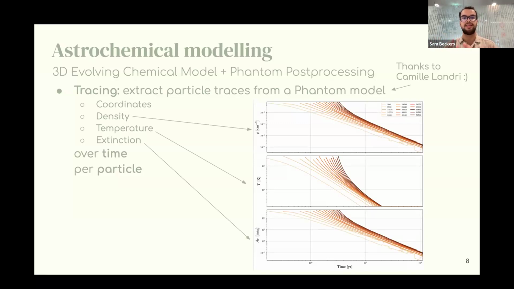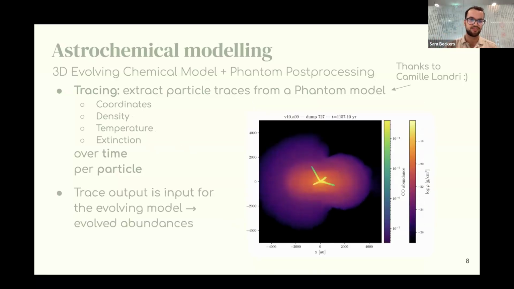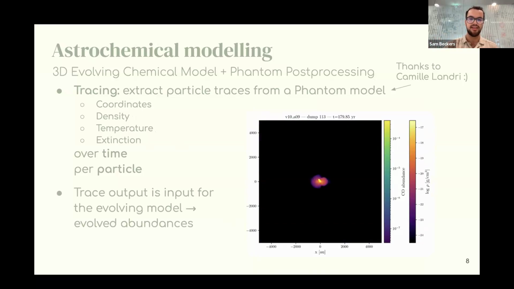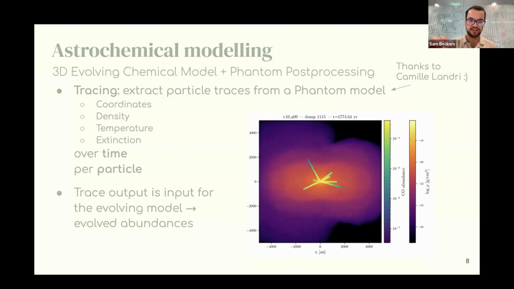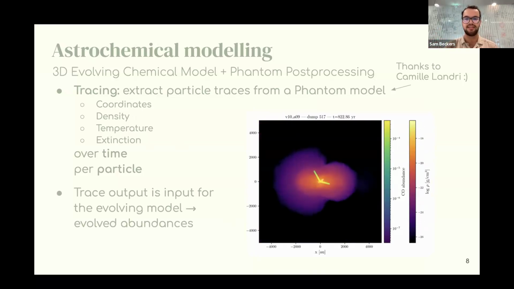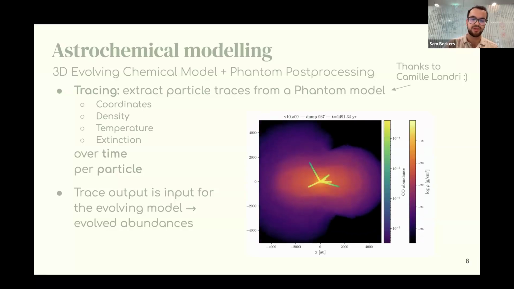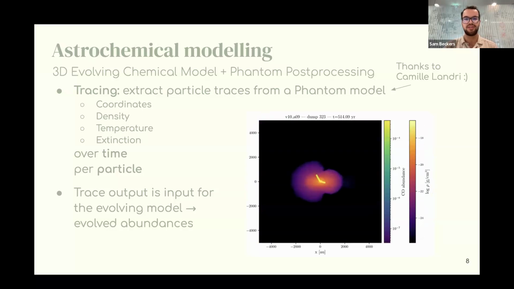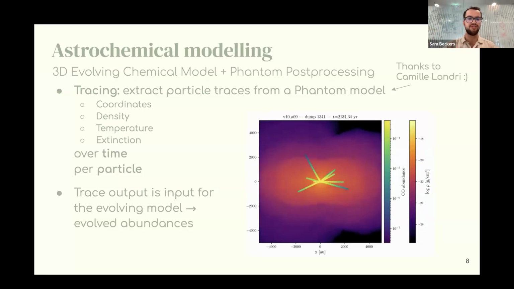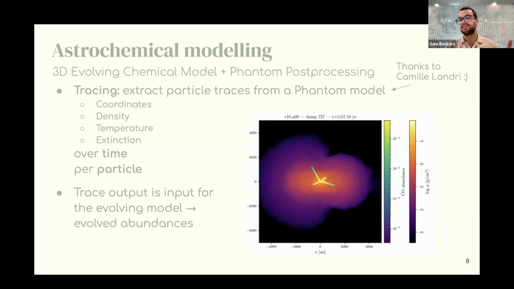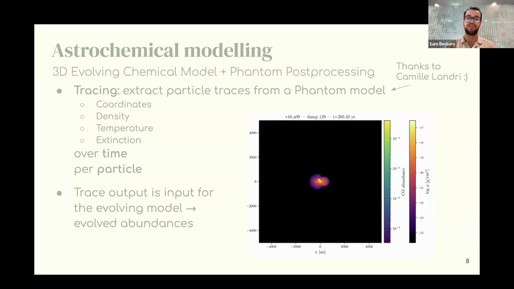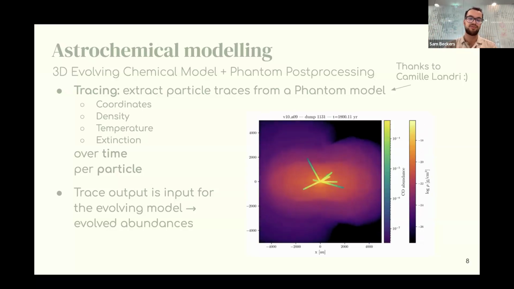We use that as input for the 3D evolving chemical model. So what you see here is that the particles are being traced, and we can get the density and the CO abundance from that. You see that the CO abundance evolves over time as the outflow goes out. This is only for 15 particles, but we want to do this for all of the particles.